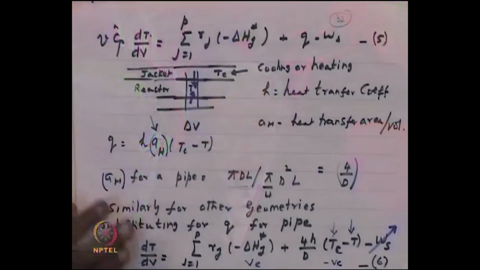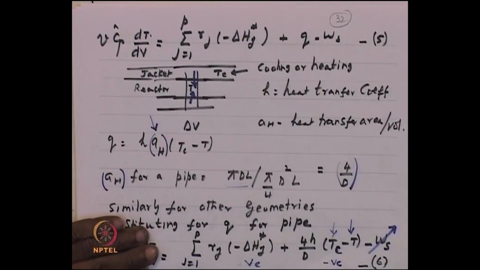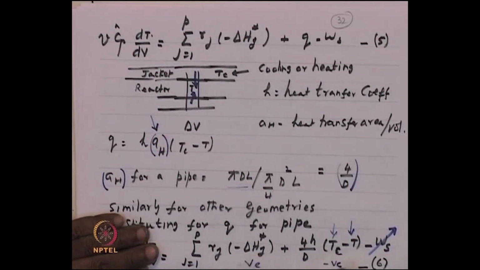So, you would like to see, when this goes to 0, what is the temperature at which this equality takes place, for a given choice of pipe size, and whether that temperature is good enough for the catalyst to be acceptable. Now, frequently when this pipe is large, you will find that this temperature becomes unacceptable.